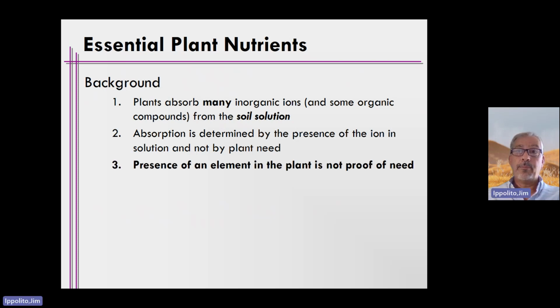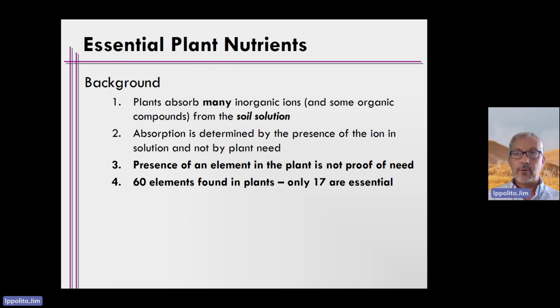And thus, the presence of an element in a plant is not proof that it's needed. For example, you can find lead, you can find cadmium, you can find gold, you can find arsenic and selenium, you can probably find radionuclides within a plant, and they are not essential for plant growth.